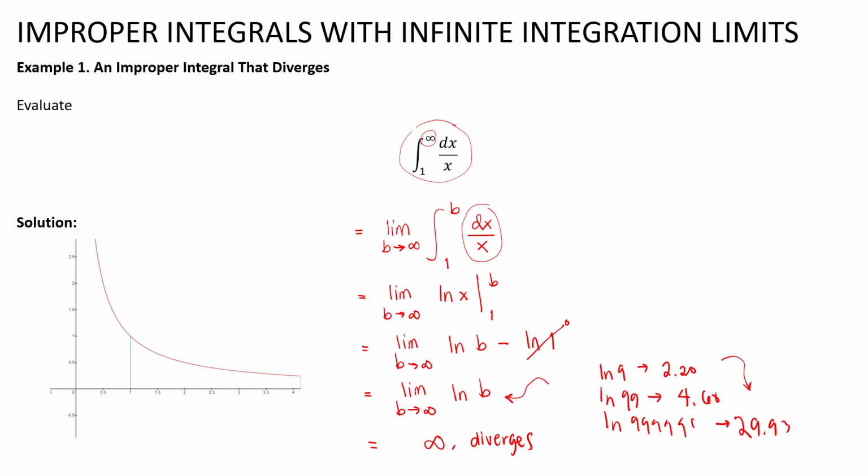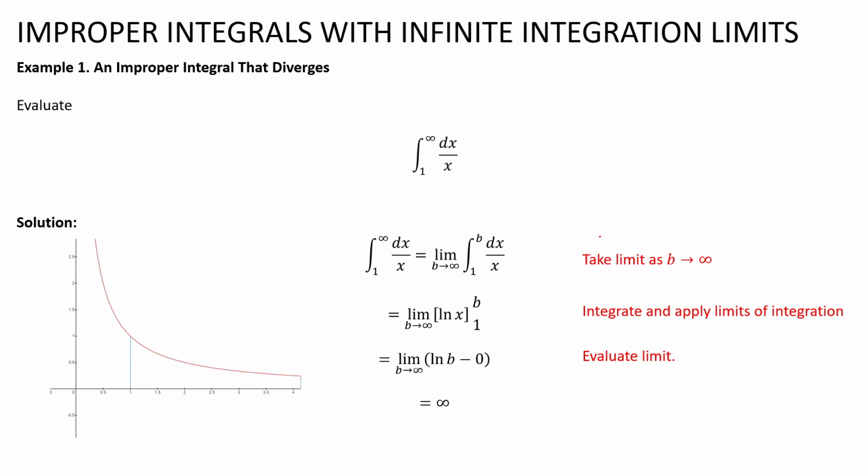Okay, so I guess there's no question. So let's try to move on to the next example. So this is the solution. So this 0 here is coming from ln 1.